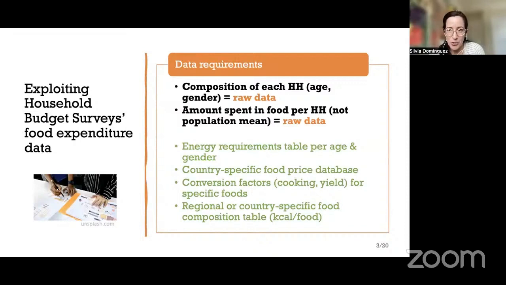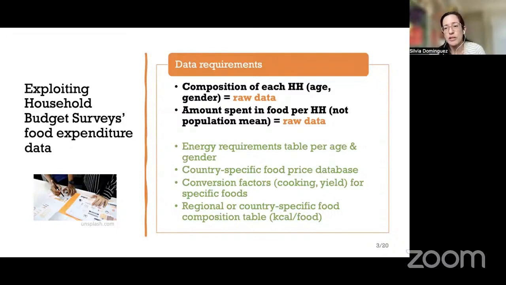In terms of data requirements, the most important thing is to have access to the survey's raw data. Specifically, what I mean by raw data is the composition of each household, so the age and gender of each member of the people living in this house, and the amount that is spent in food per household.